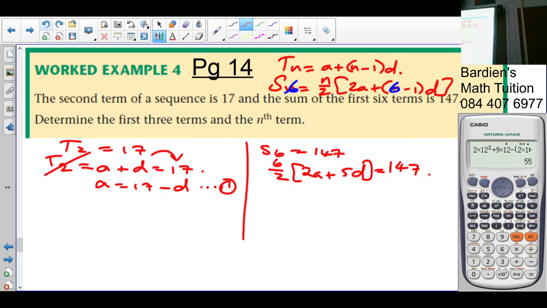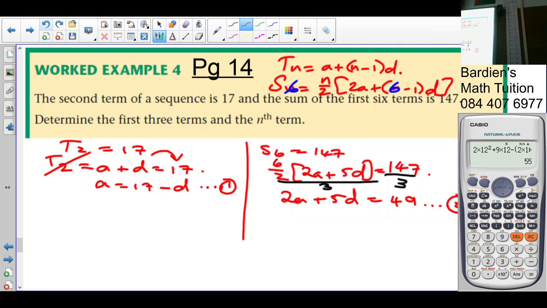What's 147 divided by 3? 49. So I divide by 3 both sides, and I'm going to get 2A plus 5D equals 49. And that's equation 2.